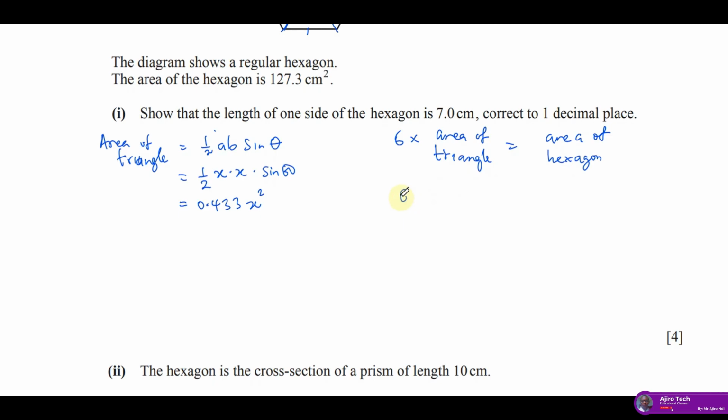So 6 multiplied by 0.433 x squared should give us the 127.3 that is given.